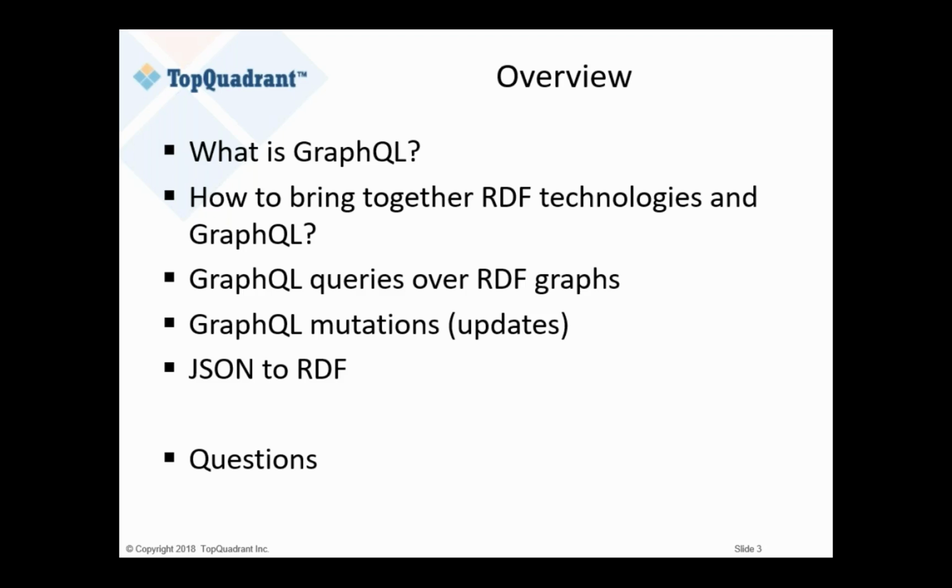And I'll briefly, at the end, touch on the topic of how to use GraphQL for running updates, called mutations, and also talk a little bit about how to take any JSON data and convert it to RDF using the same approach. Then we'll have questions at the very end, so please feel free to type them in as you wish.